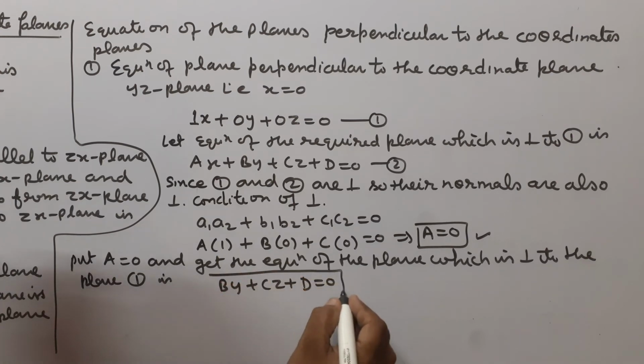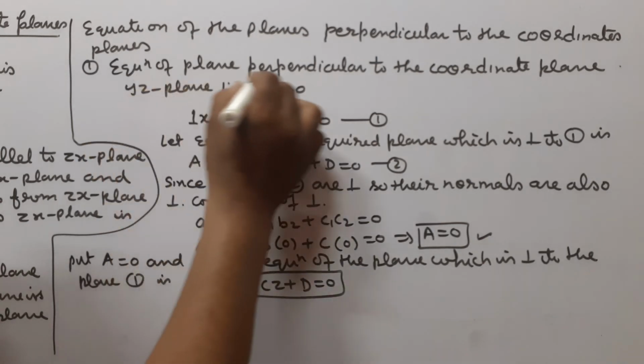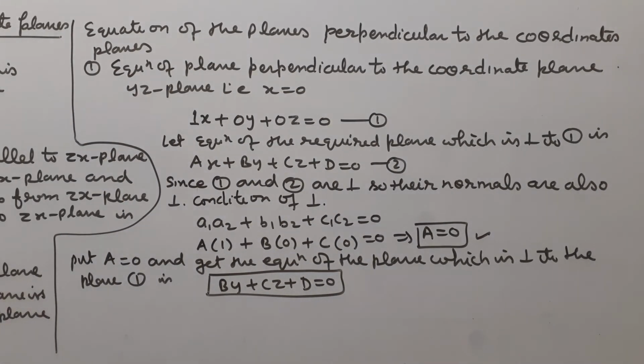So this is the equation of the plane which is perpendicular to the given yz plane, that is x equal to 0. Similarly, we find the equation of the other planes.